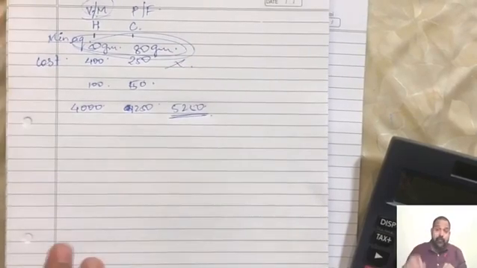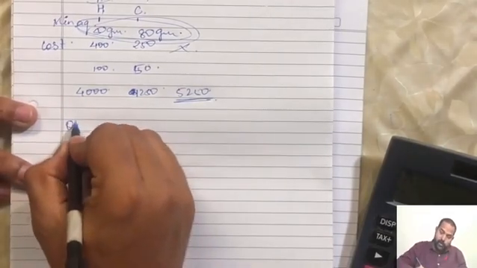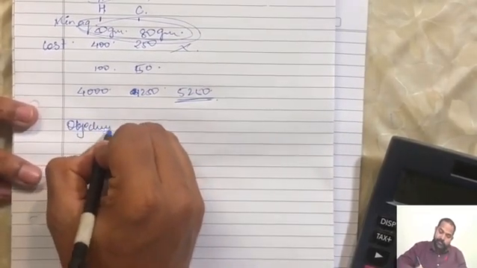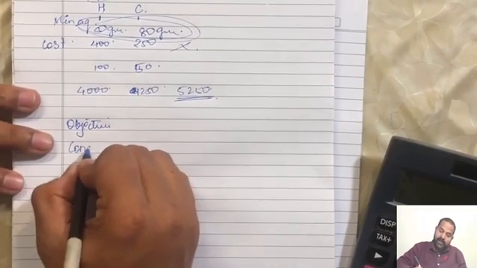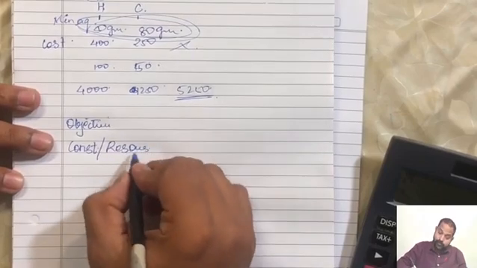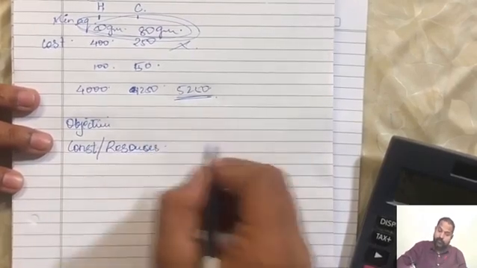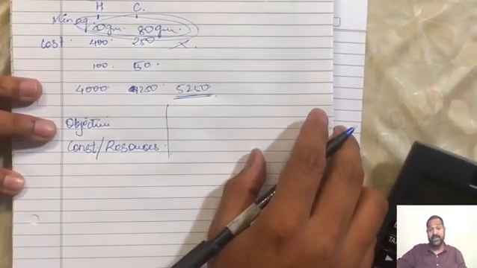So every time you look at an LPP, there are going to be two things. One is your objective and the other is your constraints that come from your resources. What is your objective and what is your resource constraint?